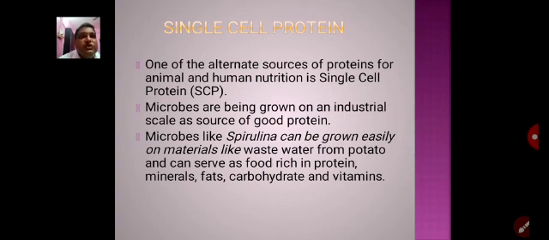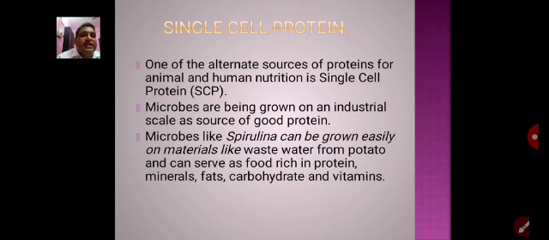The substrates used for the production of biomass are industrial effluents, whey, water of curd, and low cost organic material. Commercial production of SCP is mostly based on yeast and some other fungi.